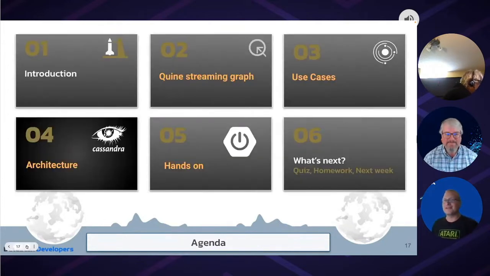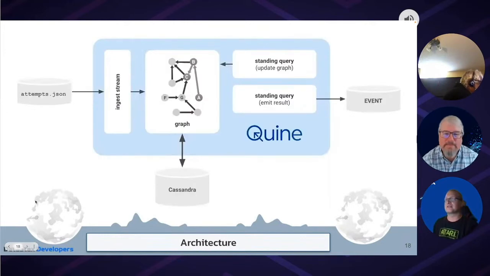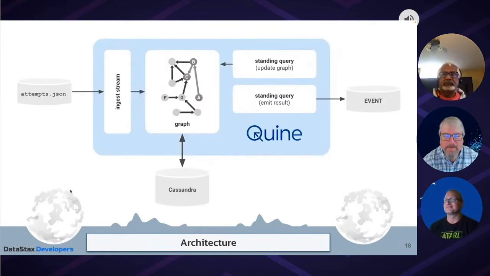All right, so hey, we've introduced Quine and talked about our use cases and a little more detail on password spraying. Let's talk about some of the architecture that goes into Quine and some of the components we're going to be using today. Right. So like I said, Quine is designed to be in a pipeline. So what we're going to use is a file of JSON objects, and we're going to stream that file into Quine.